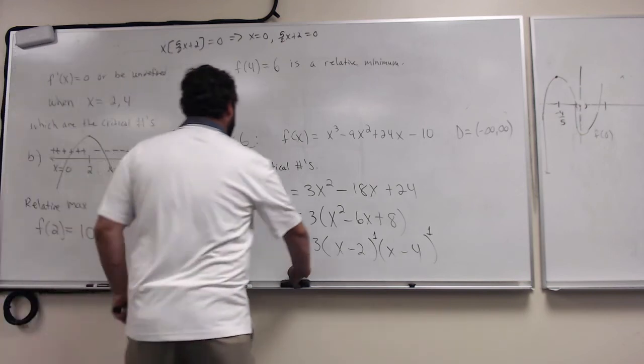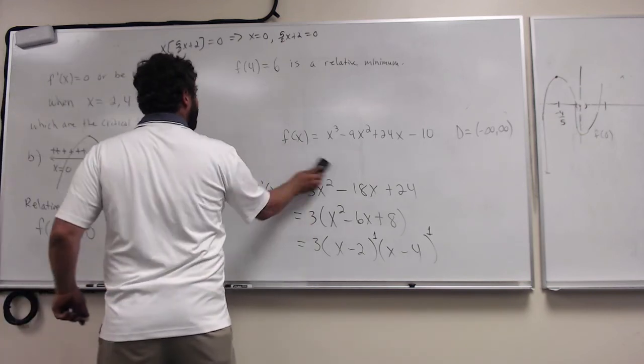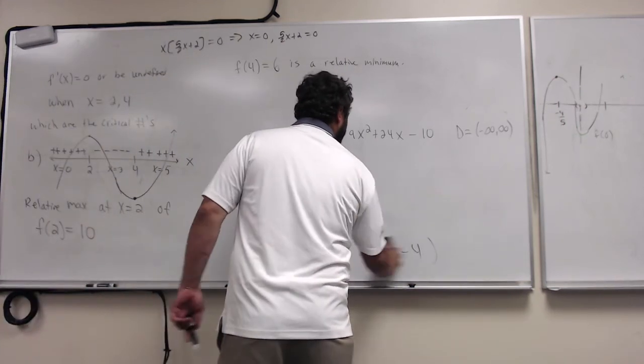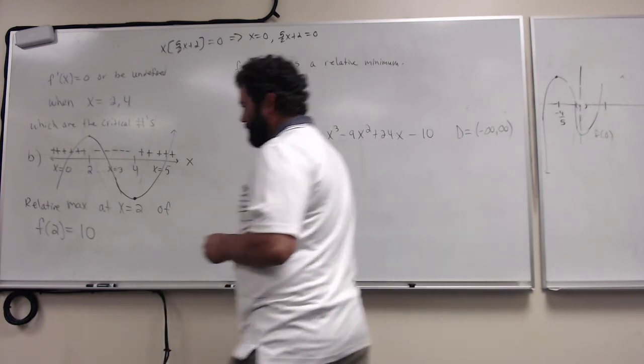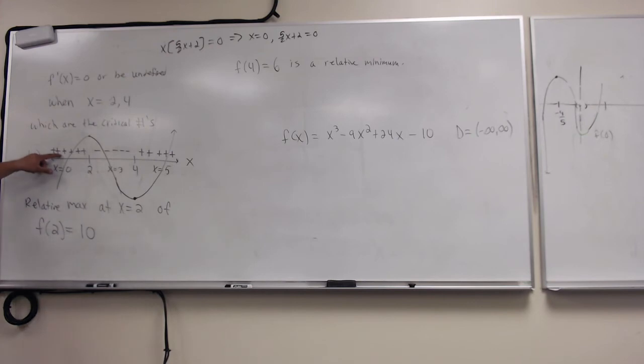And now what we can do, I think part C says to sketch a graph, right? Yep. Notice the function starts off increasing until at positive 2 you hit a local max or a relative max of 10. Then the function starts to decrease until you get to x equals 4. In that case, 6 is your relative minimum, and after that it's just going to increase forever.